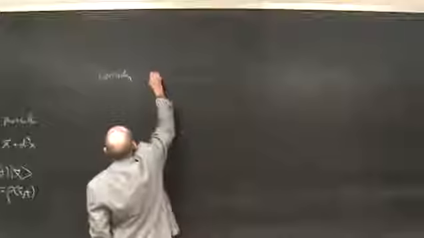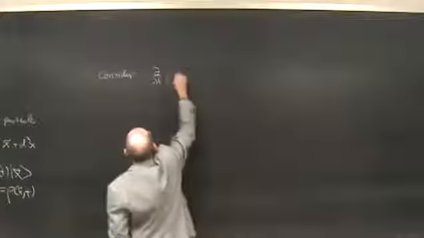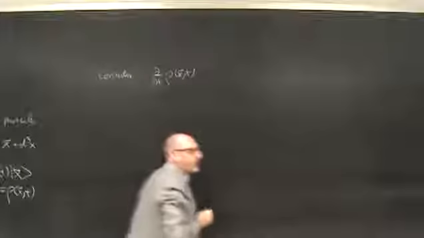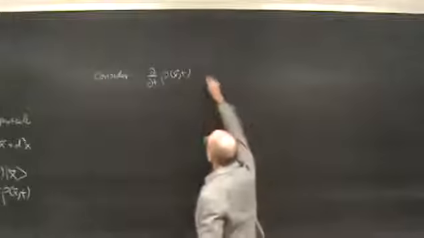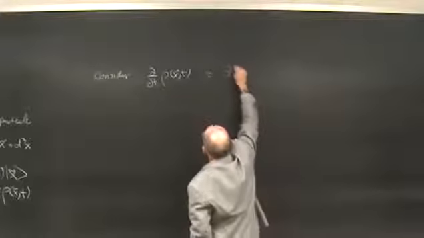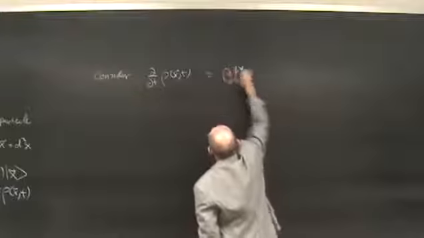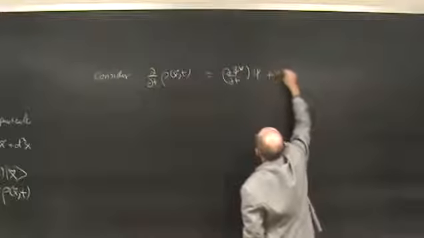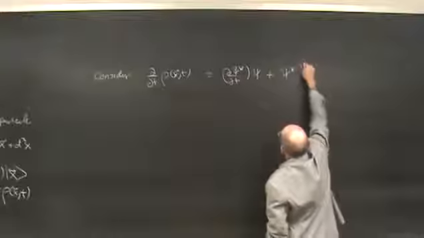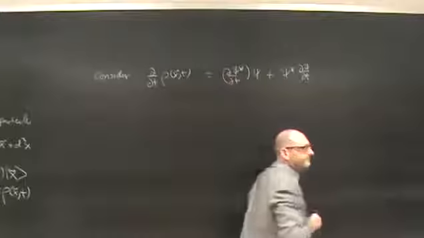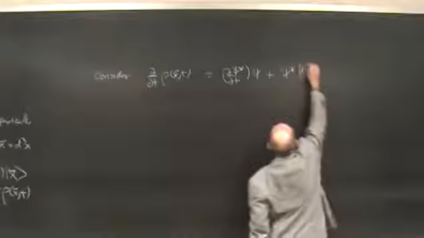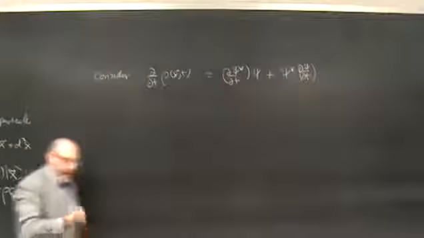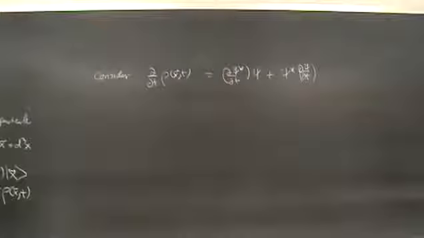And let's consider how the probability density changes as a function of time. Okay? So that's equal to that, right? For a pure state, and as I say, if we had a mixed state, we would just average over the ensemble of states, so it doesn't change anything.